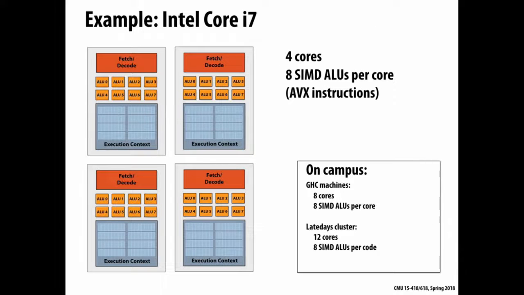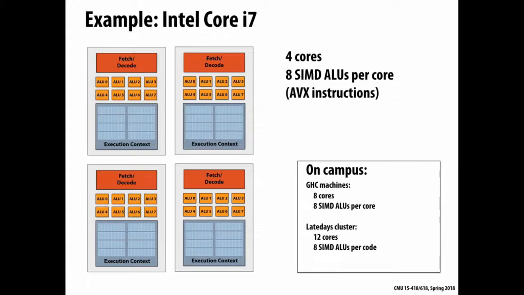So just to give you a sense of some real hardware, the Gates machines that you're using for your first assignment are a fairly recent 2016 model of Xeons. And they have 4 cores, each of which has AVX, actually AVX2, AVX generation 2 support, which, for the purpose of this class, just think about 4-byte data.